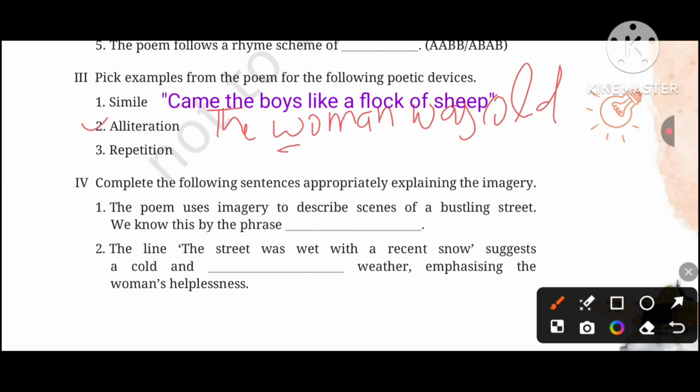So here woman, was. These are closely connected words in the same line, and both the words begin with W, the w sound. So the w sound is being repeated here. That's why this is alliteration.